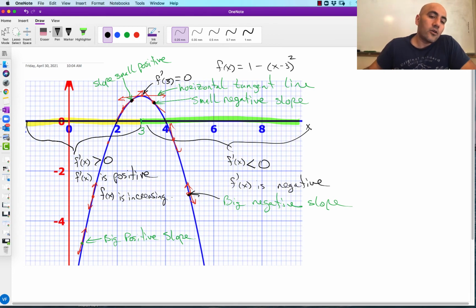Notice that you could be increasing and still be in the negatives, right? So this whole section over here, the function is negative, but it's increasing and it punches through the x-axis. It keeps increasing all the way up until there. And then at that point, the function begins to decrease. So when the first derivative is less than 0, when the first derivative is negative, what we can conclude is that the original function, f of x, is decreasing.